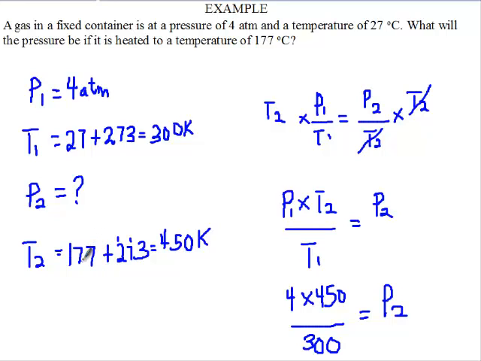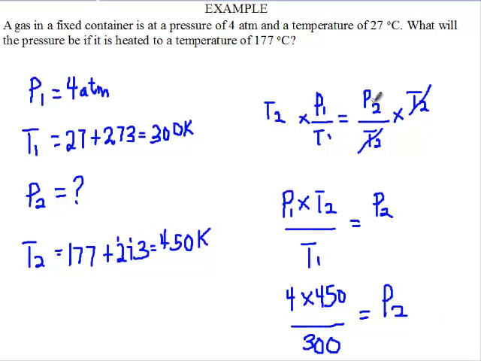We don't need the 177 degrees Celsius, so instead, we change to Kelvin. When you want to change from degrees Celsius to Kelvin, you add 273 to whatever temperature you are given in degrees Celsius, and that will give you your temperature in Kelvin.